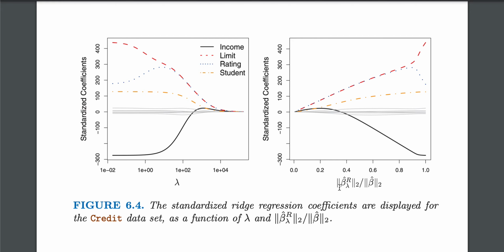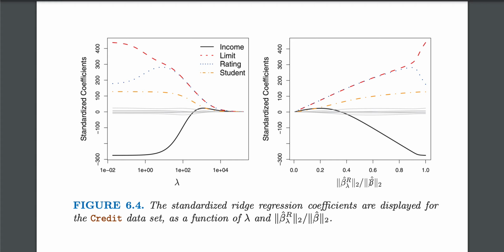Okay. Now you may say, what is that? What is that supposed to mean? Okay, let's think about it. When this ratio is 1, it means that the L2 norms are the same.